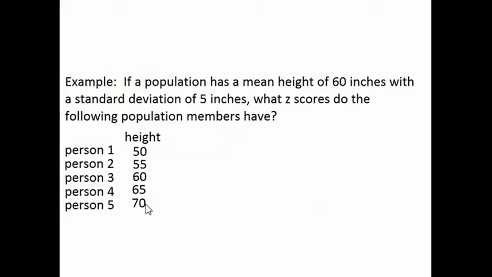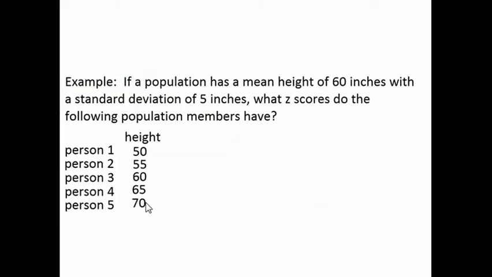This last person, who's 70 inches tall, is 10 above the mean of 60. To find this person's z-score, we need to start at the mean of 60 and go up by 5s until we reach this height of 70. So if you start at 60 and you go up by 5 and you go up by 5 again, you get to 70.